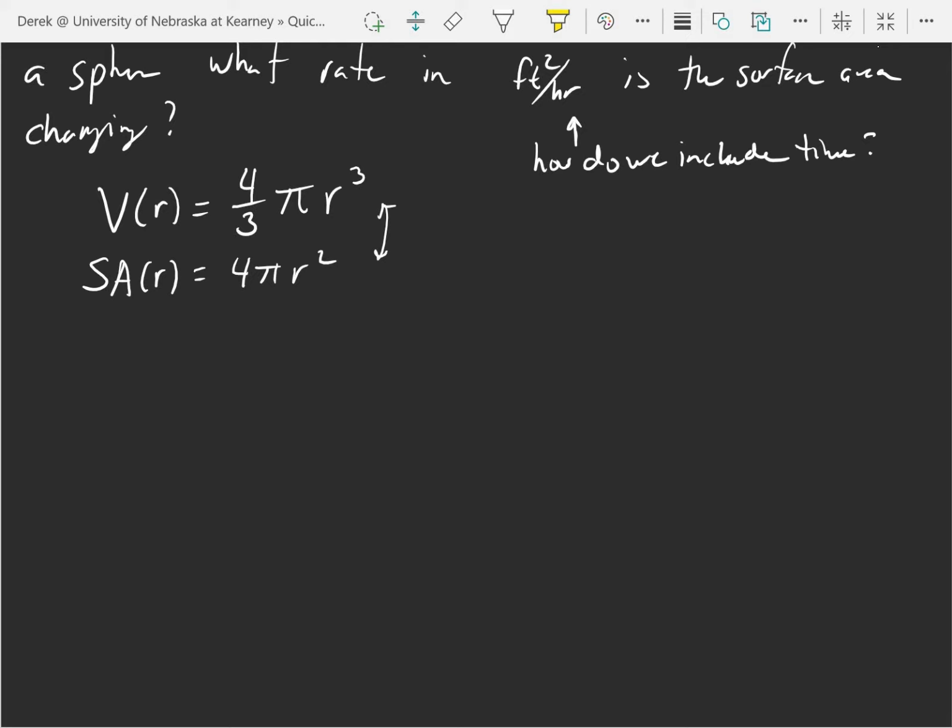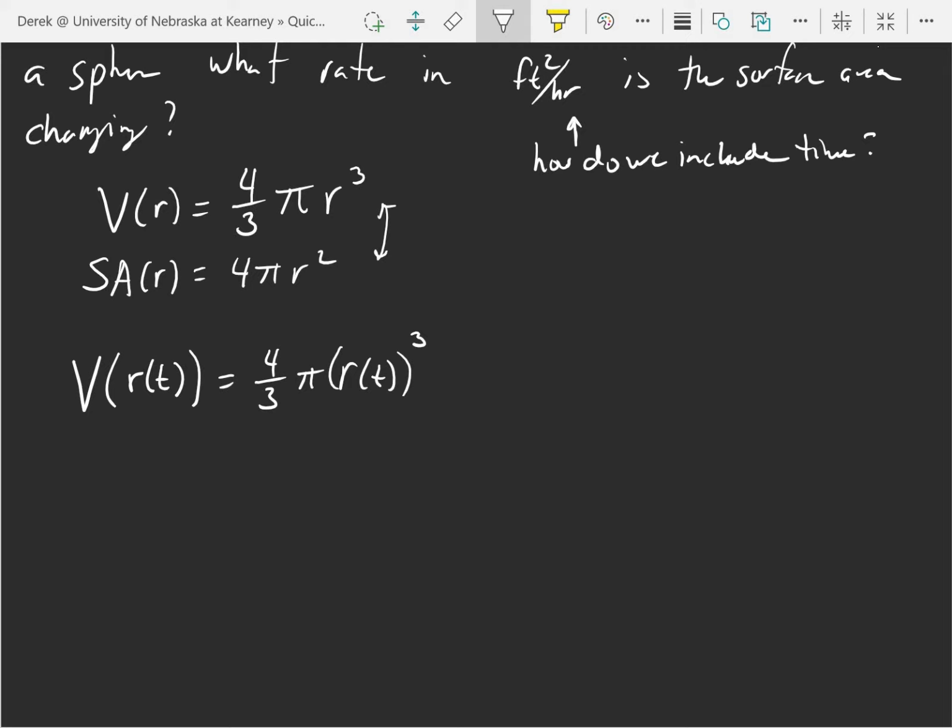So I can say the volume is a function of the radius, which is a function of time, equal to 4/3 pi times the radius as a function of time, cubed. This still holds. The radius is just changing with respect to time, but when I plug the radius at certain times into the volume function, I get the volume at those times as well.